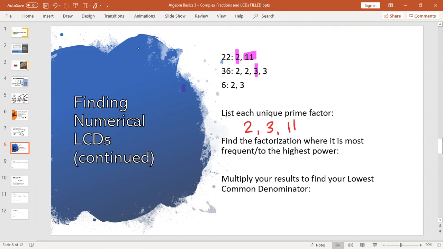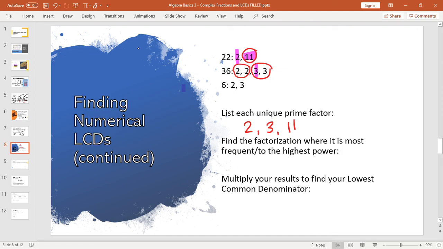So if I look in 22, I have 1 two. But in 36, I have 2 2's. And in 6, I only have 1. So there's more 2's in 36. Likewise for 3, it is more frequent in 36. And 11 only is, in 22, only to the power of 1.